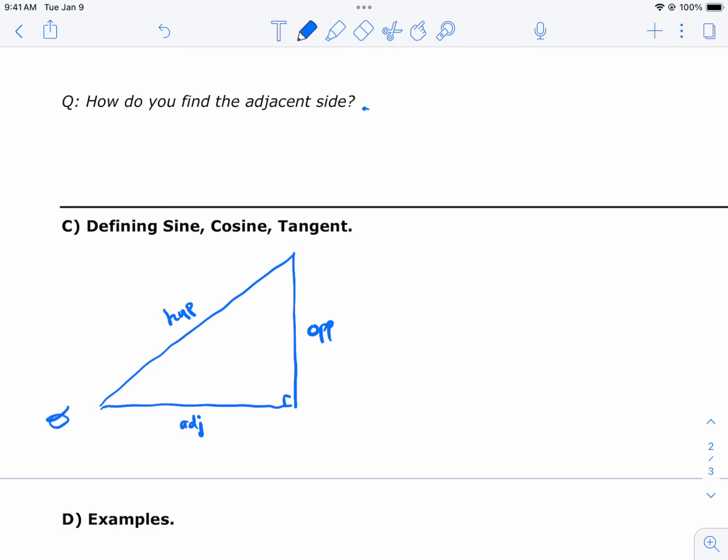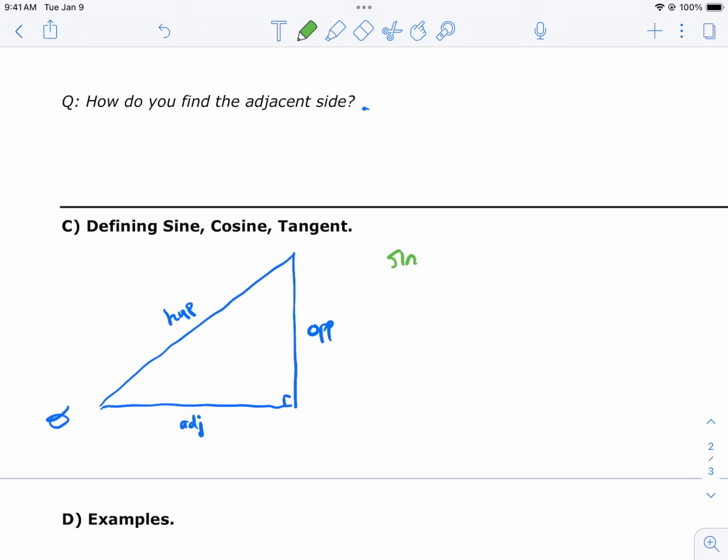Okay, let me get a different color out here. Green. The sine is defined as take the opposite side and divide it by the hypotenuse. The opposite side has a certain length, and you're dividing lengths. So the length of the opposite side is divided by the length of the hypotenuse. We can write that this way.